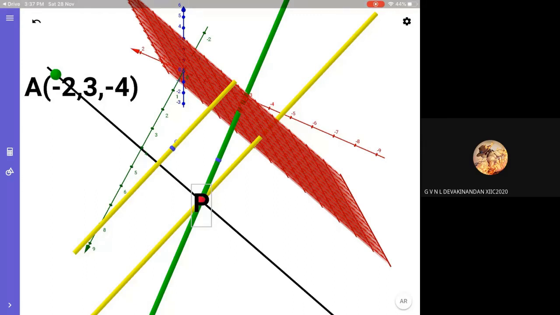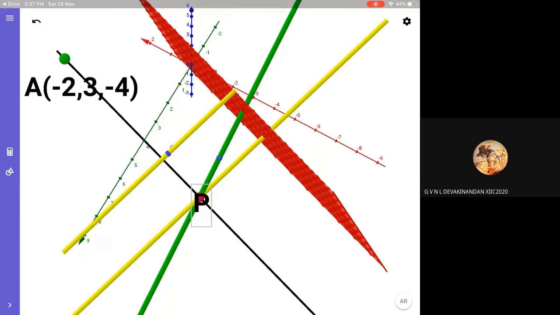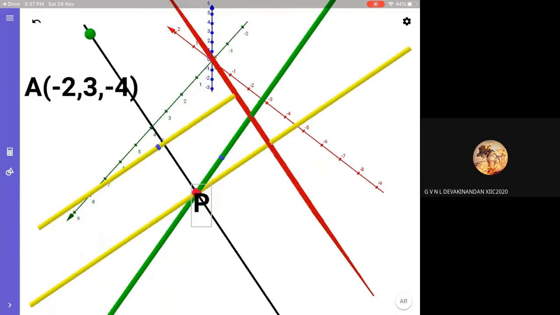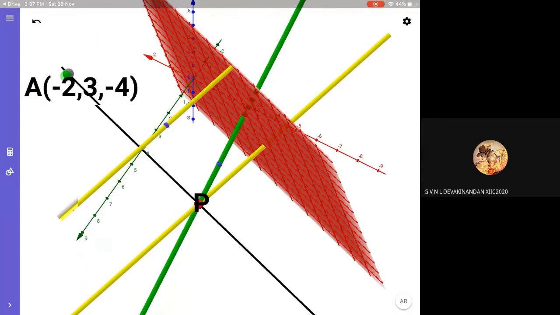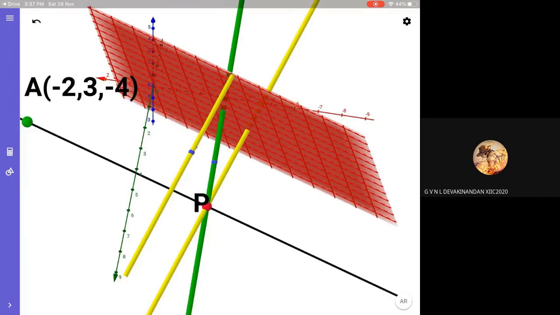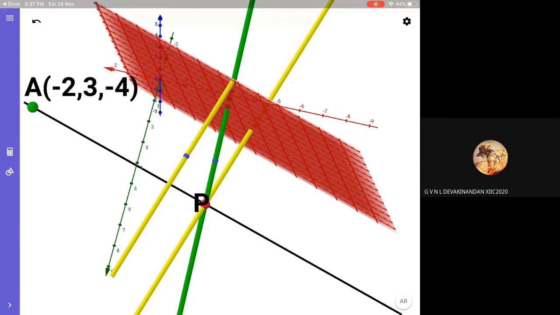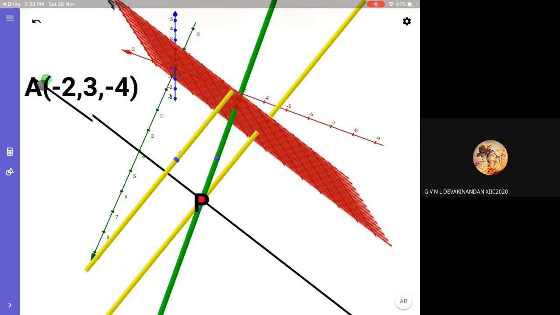You know that this normal, this yellow color line which I have shown, is a normal. So what about this normal yellow color line which is passing through P? You can see that it is perpendicular to AP. So instead of applying the parallelism of AP with the plane, you will be applying the perpendicularity of AP with the normal to the plane. I hope children now you understood.